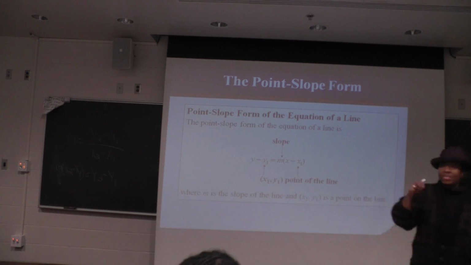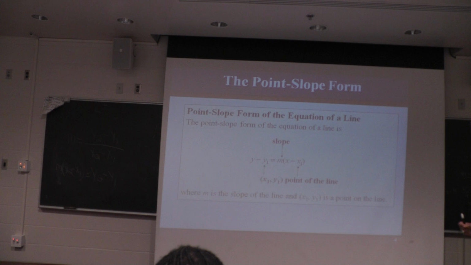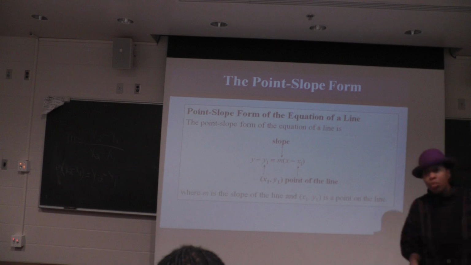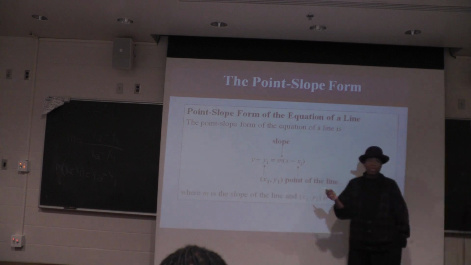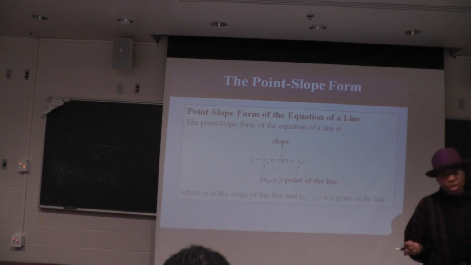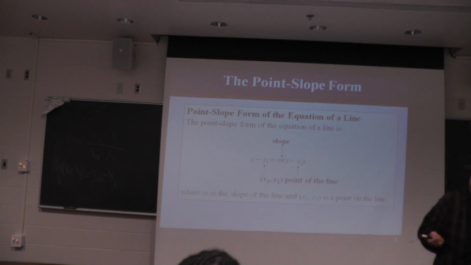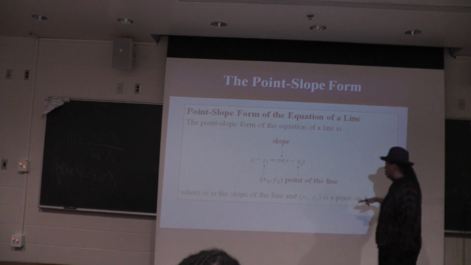Previously we said we needed 2 points to determine a line. But now I'm saying that if you have a point and a slope, you can determine a line. Now if you have 2 points, can you determine the slope? Yes, okay? So, this is the formula, and now we'll do one.